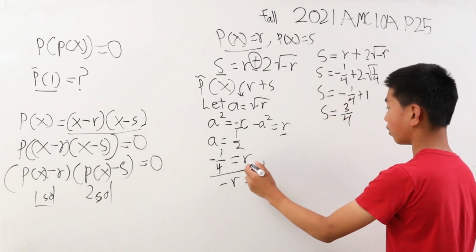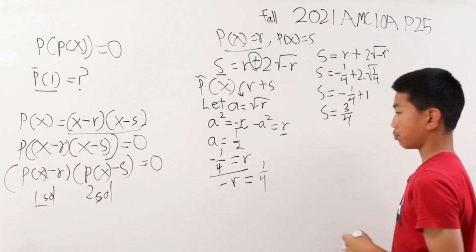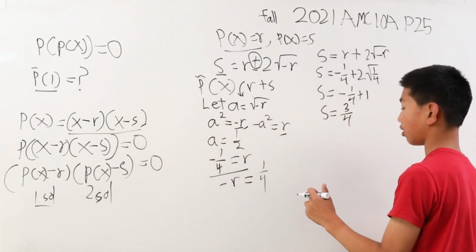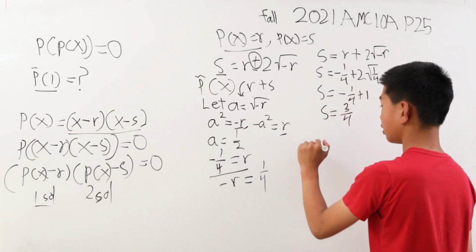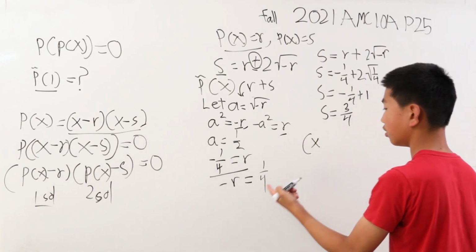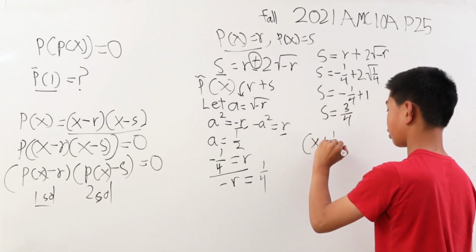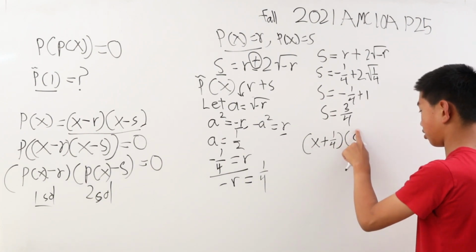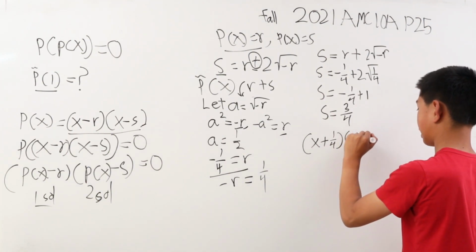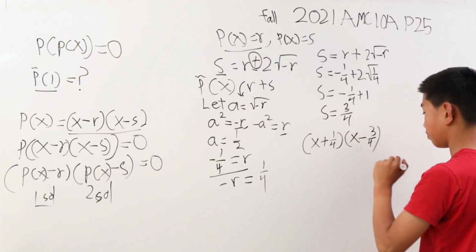We have r and s. We can just bring them into the original formula. So x plus 1/4 times x minus 3/4.